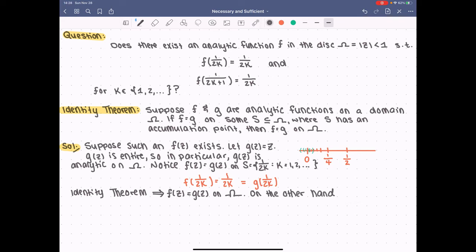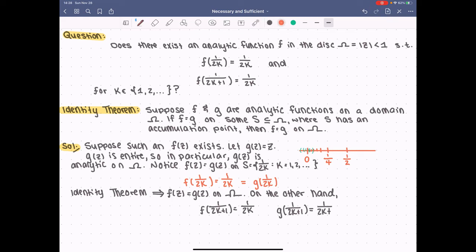But now let's say, on the other hand, remember, we're assuming such a function exists. We know that f at 1 over 2k plus 1 is equal to 1 over 2k. But again, by our choice of g, we know that g of 1 over 2k plus 1 is equal to 1 over 2k plus 1.